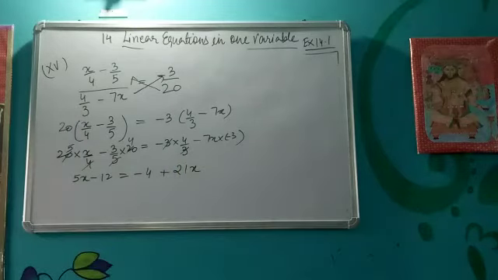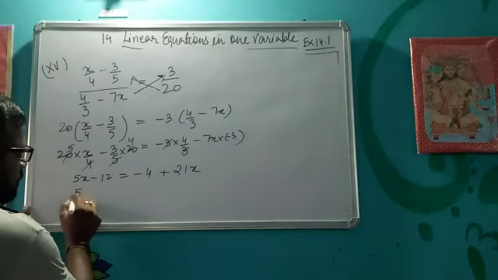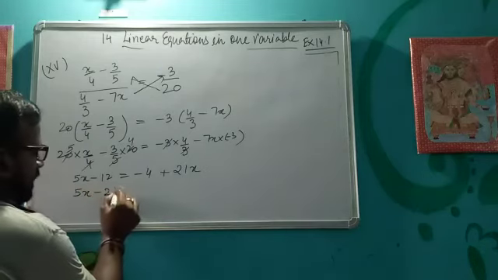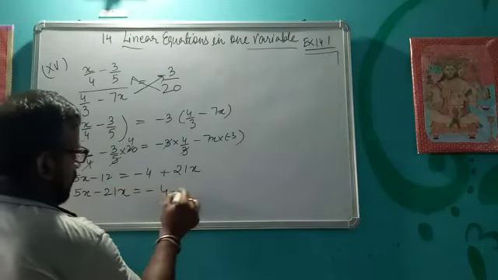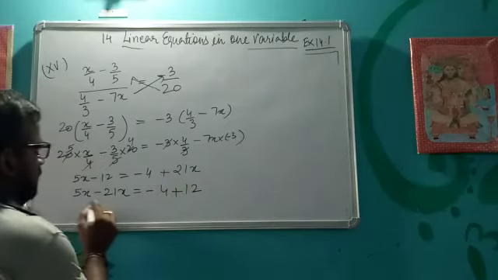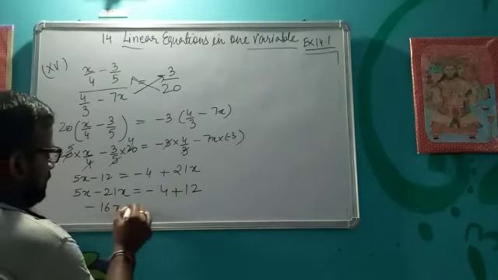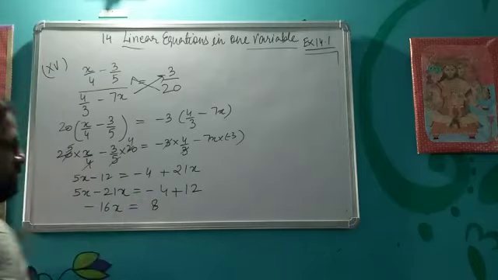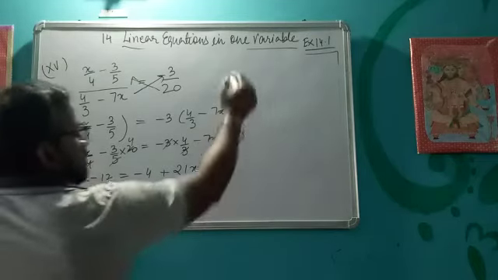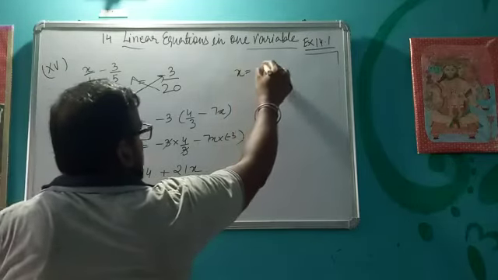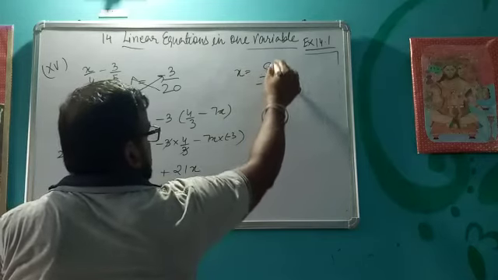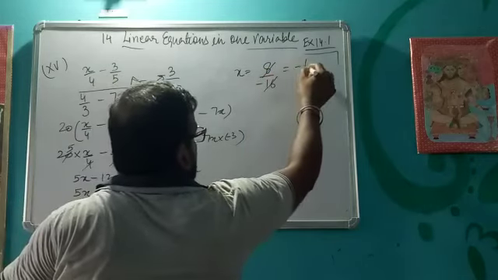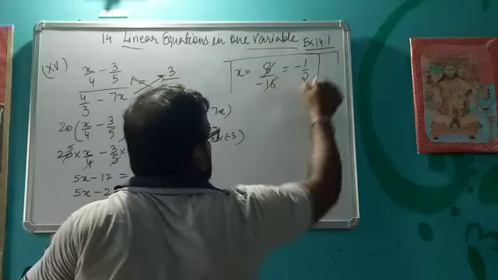21x. Okay. So again, all the x on one side, and the constants on the other side. So it becomes minus 16 equal to 8. So what is our x? X will be 8 upon minus 16. That is minus 1 by 2.